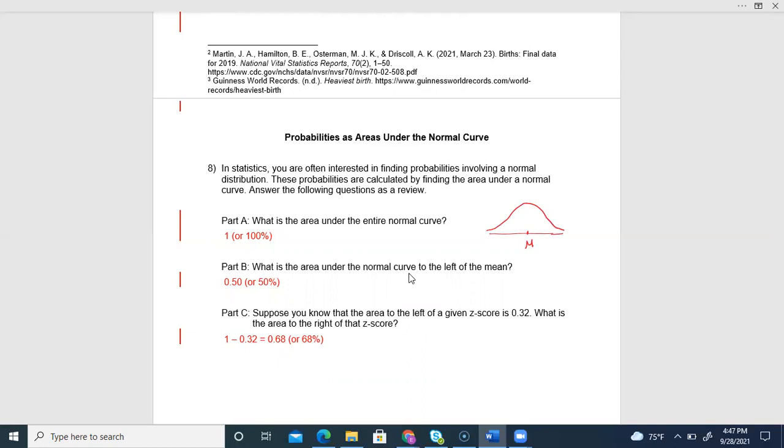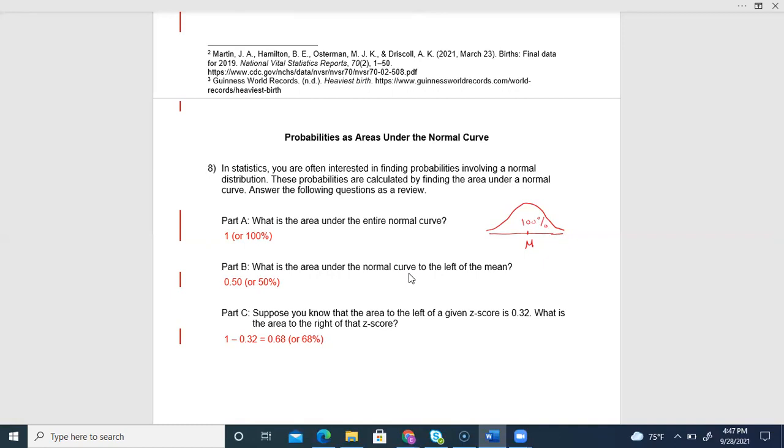The area under the curve must cover all the probability we could have, and the total probability is represented by 100%. That's why the area under the curve is always 100%, which is equal to 1.